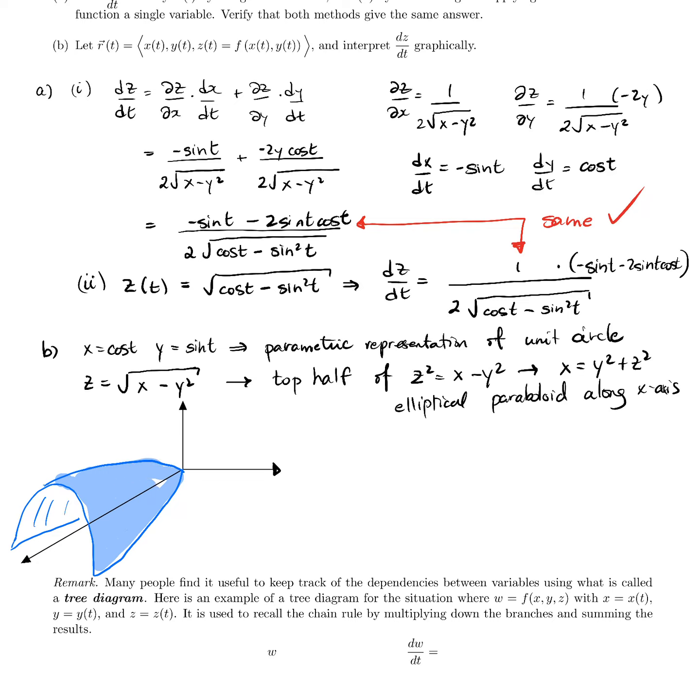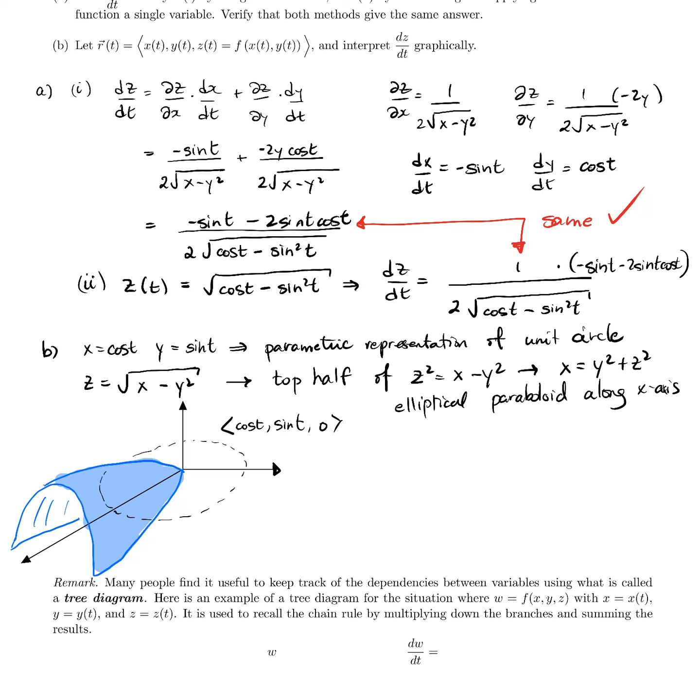Now the curve, the unit circle, if we embed that in three-dimensional space, so if we take cos t, sine t, and 0, then that is the parameterization of the unit circle down in the xy plane.